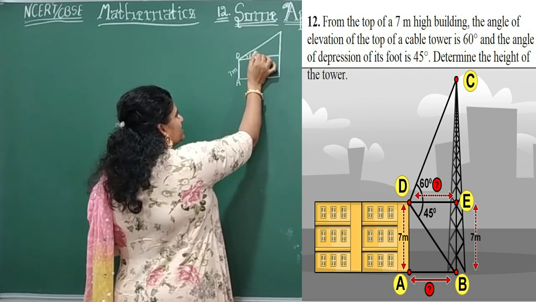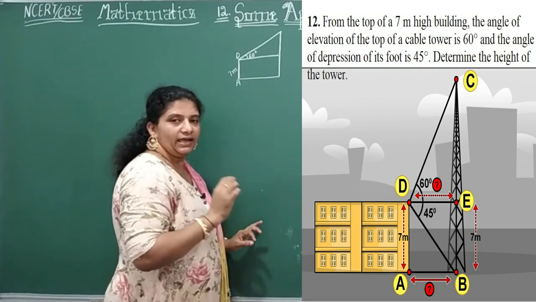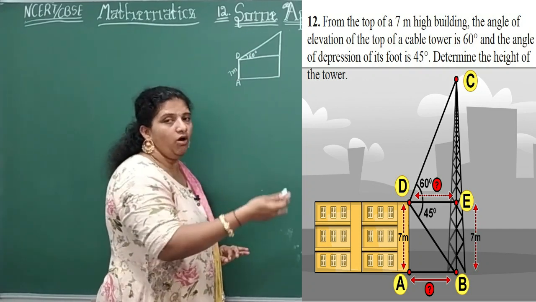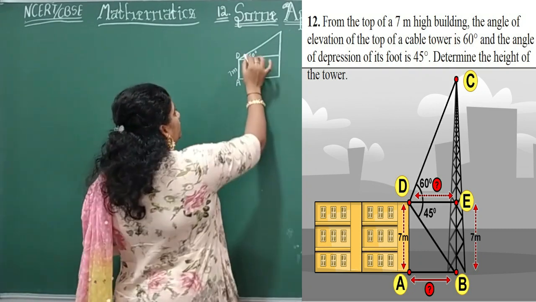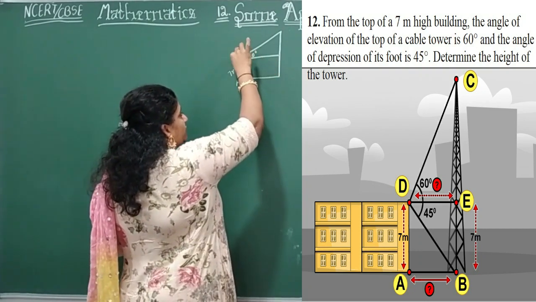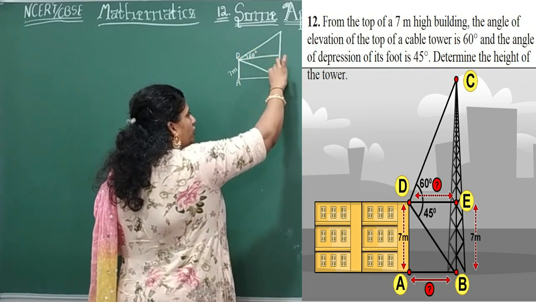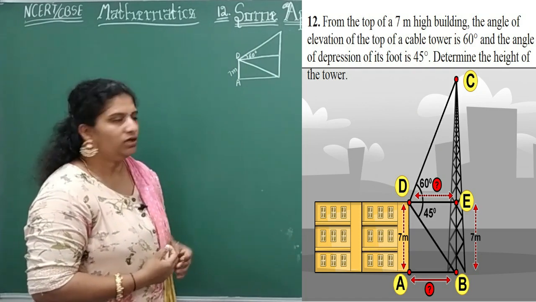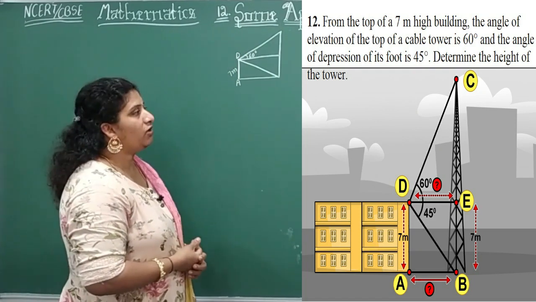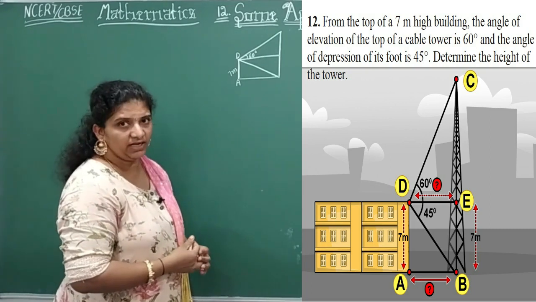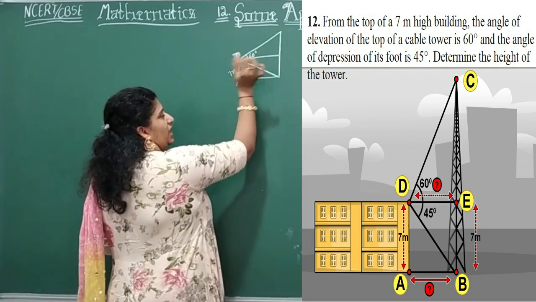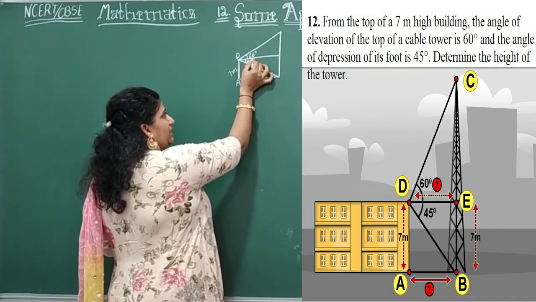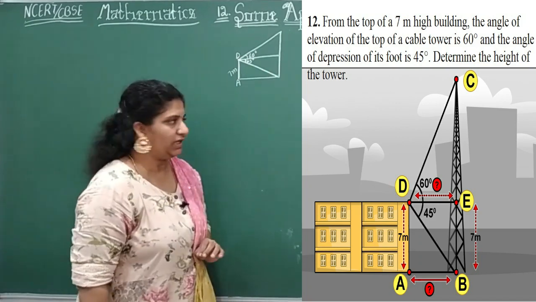This is 60 degrees. The angle of elevation needs a line of sight and also a horizontal line. Now the angle of depression from here to the foot of the tower is clearly shown. So the angle of depression is how much? 45 degrees. Observe carefully, depression is measured from this horizontal line, and I am drawing the angle here as 45 degrees.